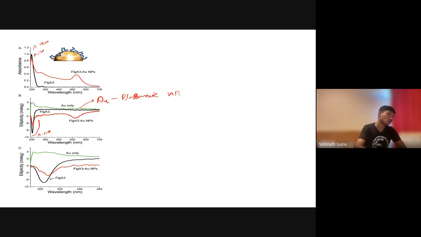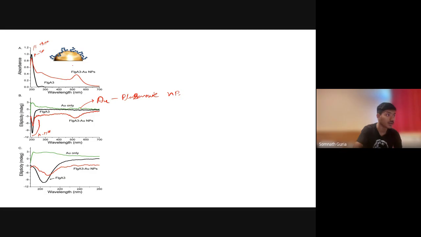Why is this happening? Initially this 500 nanometer region of the gold was not active, and when combined together, this 500 nanometer region, which is due to the gold nanoparticle only, becomes active. The bare plasmonic gold nanoparticle is not CD active.